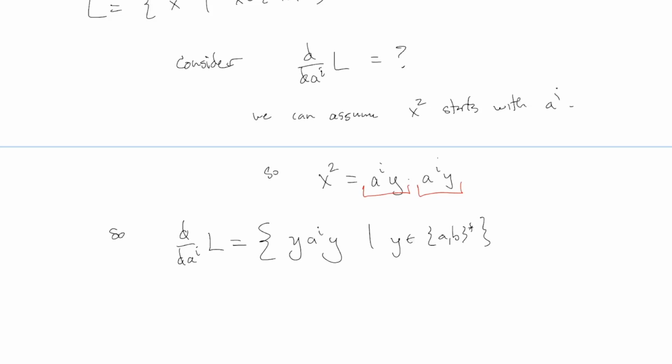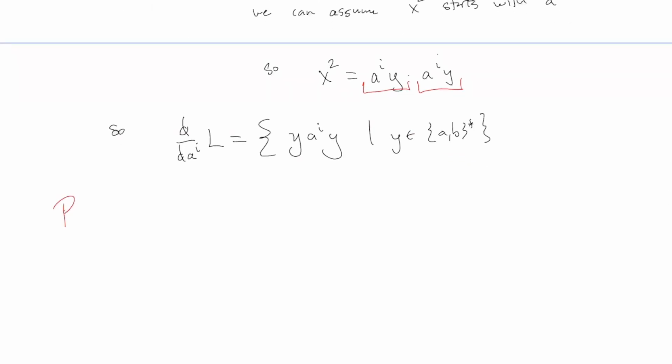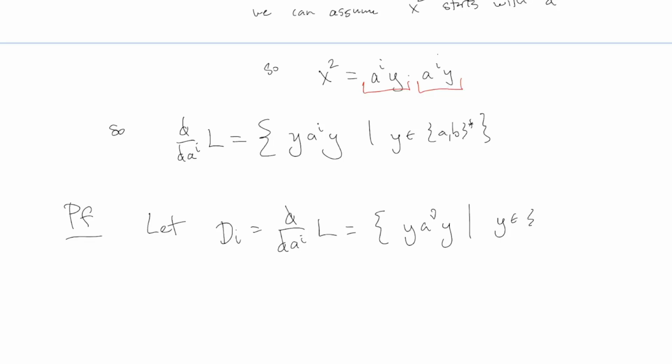All right? So if I were to write the real proof here, all of that was work on the side, but the real proof would look something like: let D_i be the derivative with respect to A to the I of L, which is, like I said, y A to the I y, such that y is in AB star. This is the weird step that you ought to be skeptical of if somebody just said that out of nowhere.